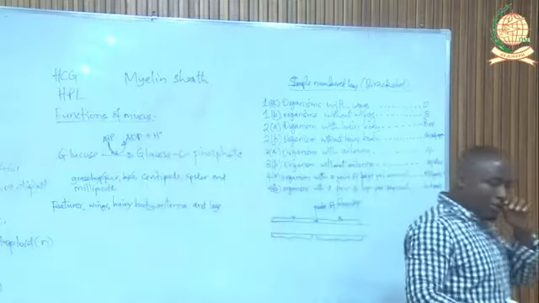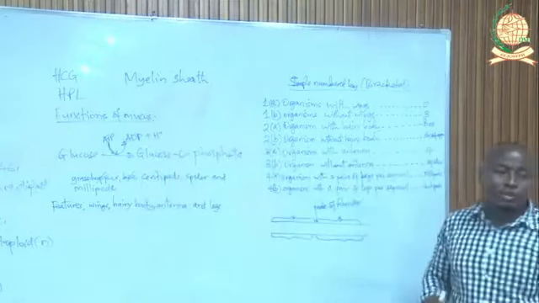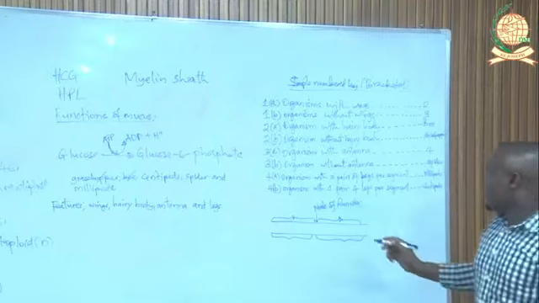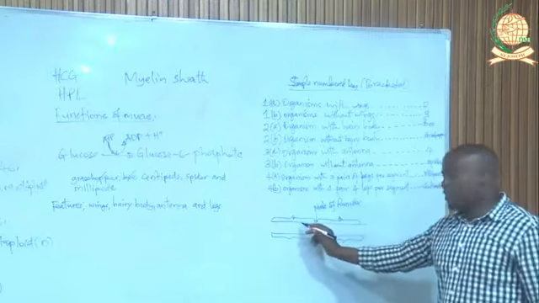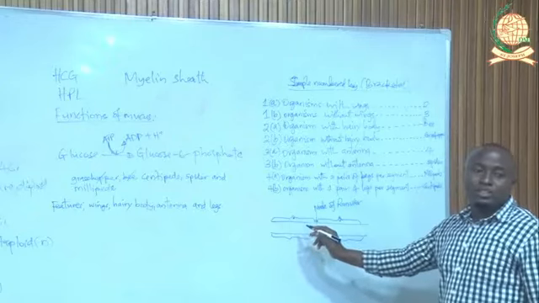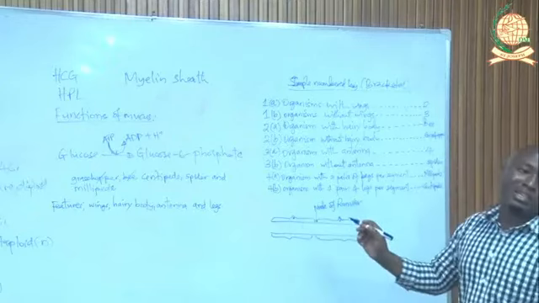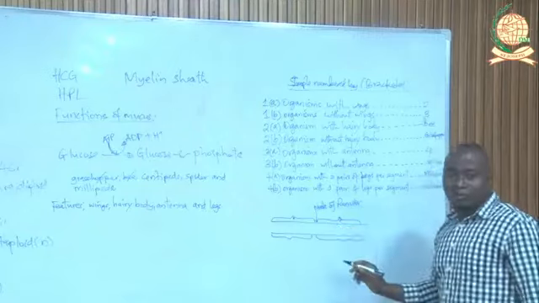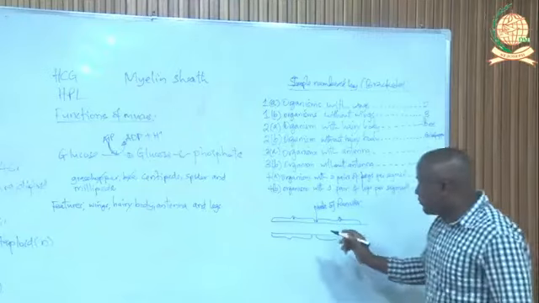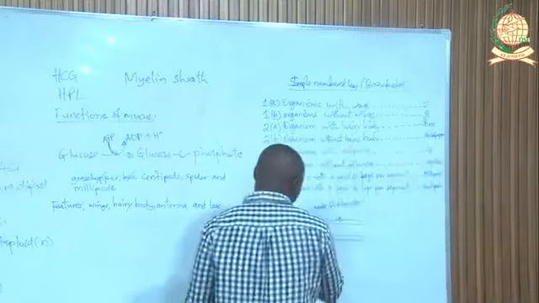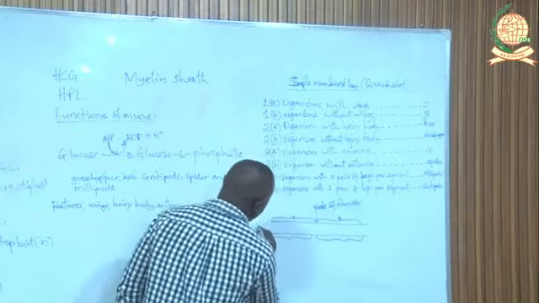The myelin sheath affects the speed of transmission of nerve impulse because when the axon is myelinated, meaning it is wrapped by the myelin sheath, only the portions where there is no myelin sheath are permeable to charges.